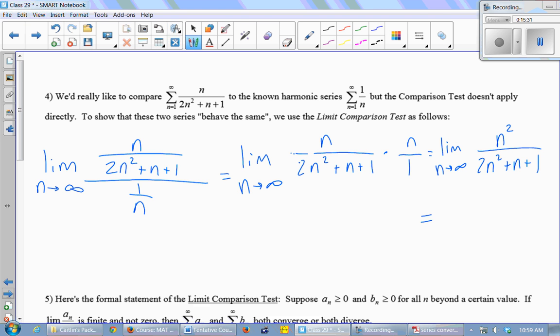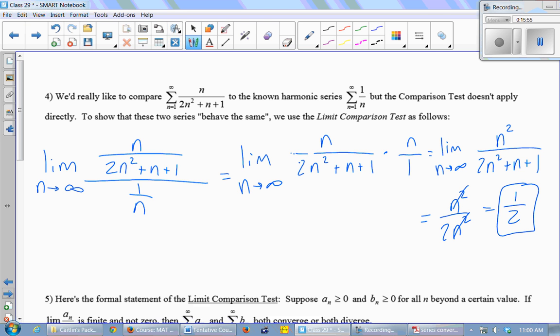Those are so much smaller in comparison that they're like tiny, insignificant. So this becomes, when you take the limit as n goes to infinity, you can drop off all the lower order terms, and we just have n squared over 2n squared, and the n squareds cancel, and you get 1/2.